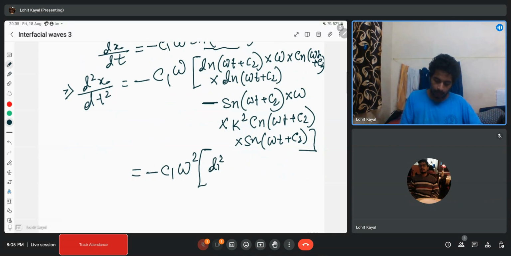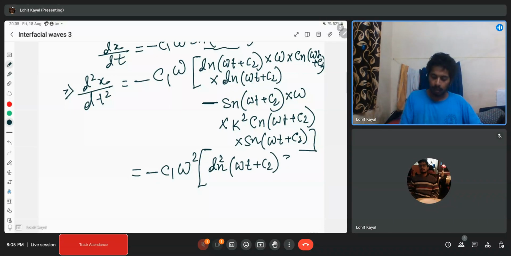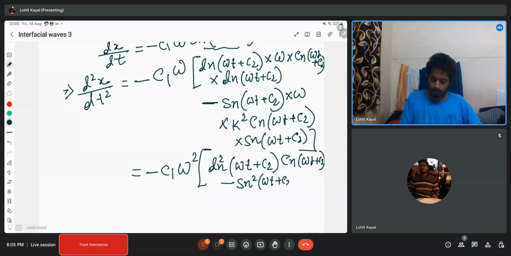This dn square(ωt + c2) times cn(ωt + c2) minus sn square(ωt + c2) times cn(ωt + c2).